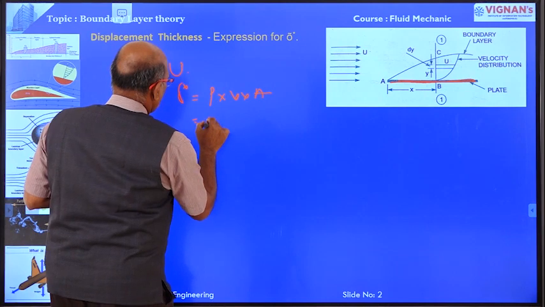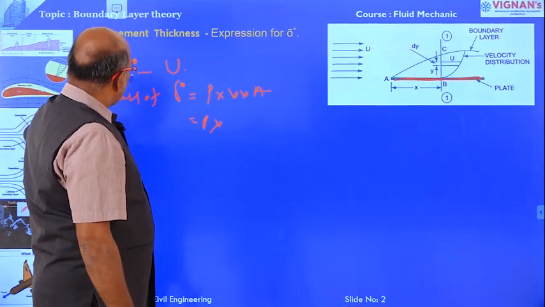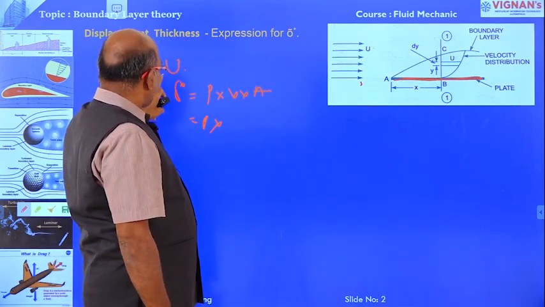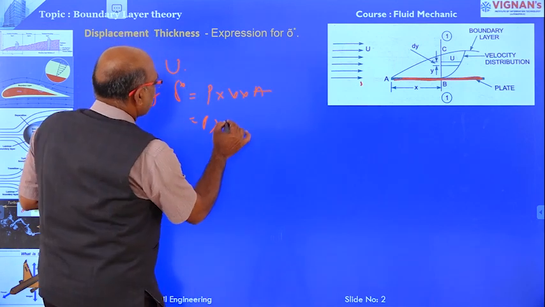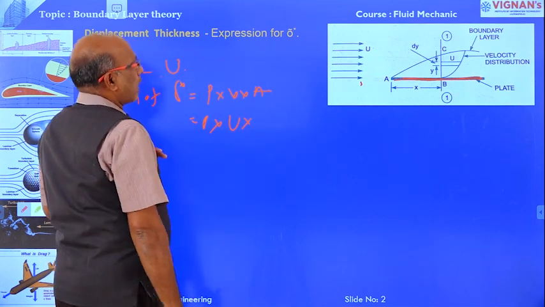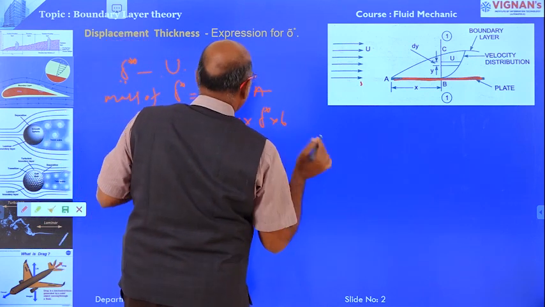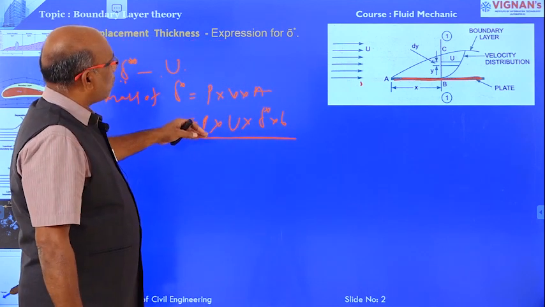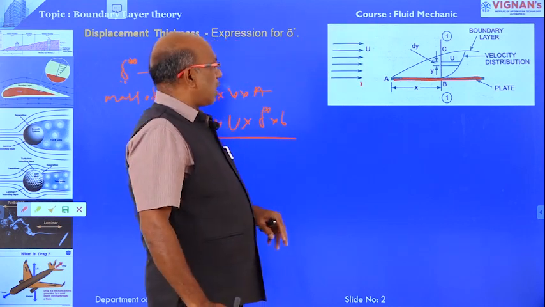Mass density is rho, the velocity when the plate is displaced by a distance delta star is capital U, the free stream velocity, into area. What is the area? Delta star is the distance and b is the width. This is the area, right.